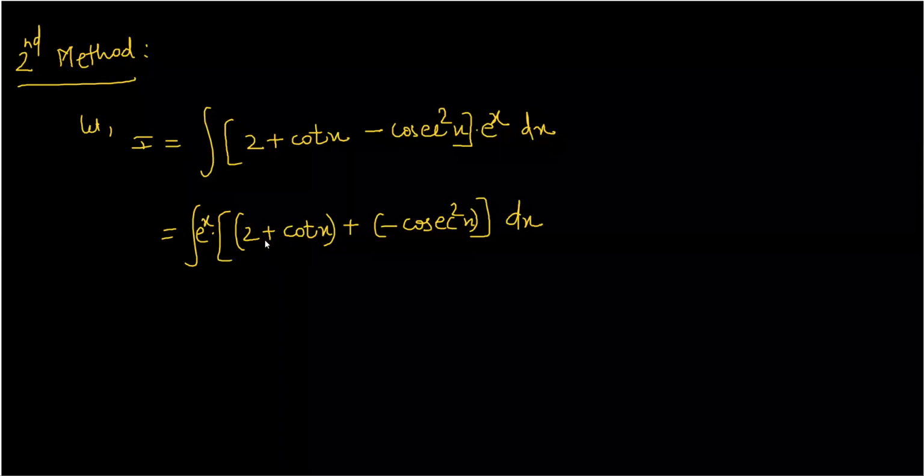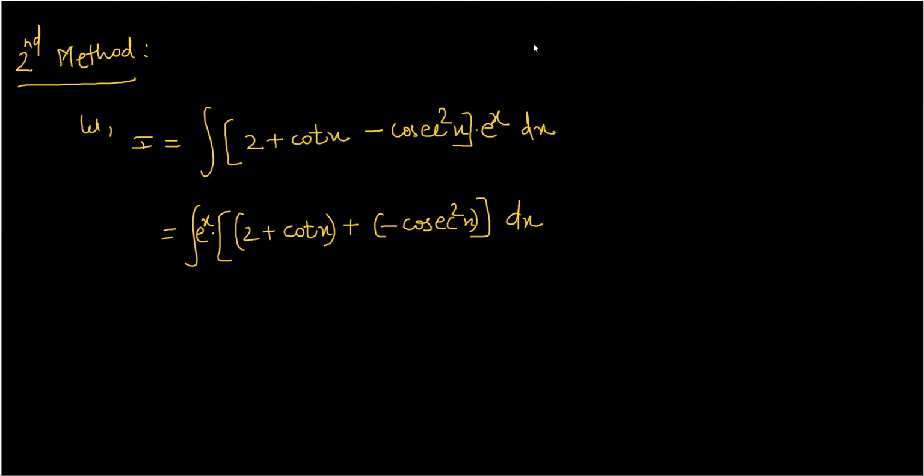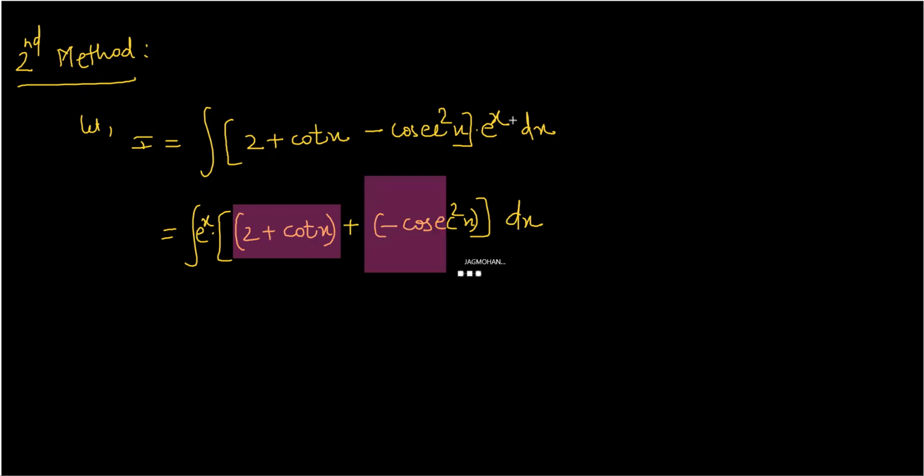So now what I can say, we have e raised to x into f of x, see, this is f of x, plus we have f dash x. So what will be the integration? Answer will be e raised to x into f of x.